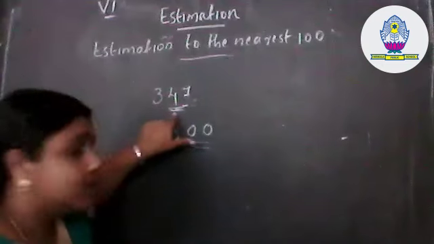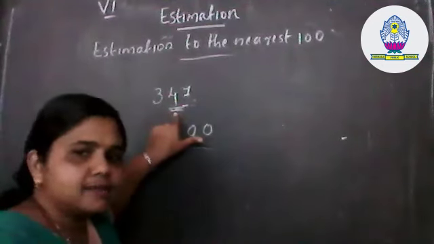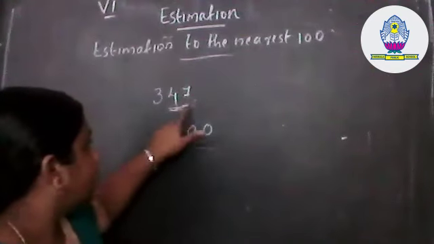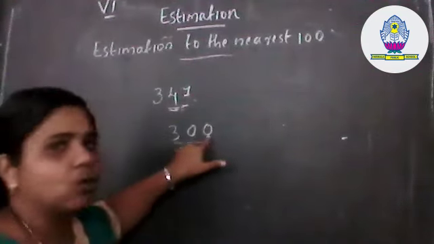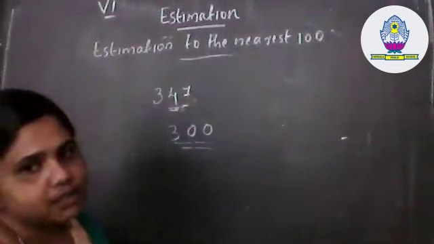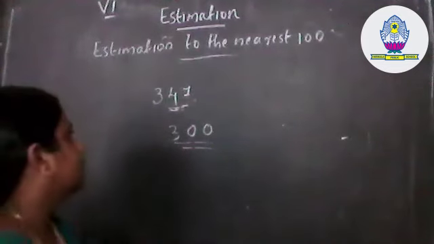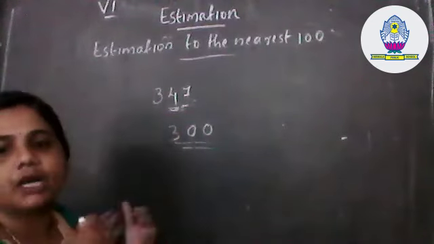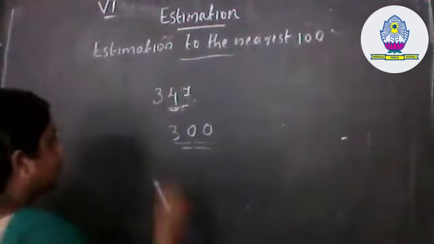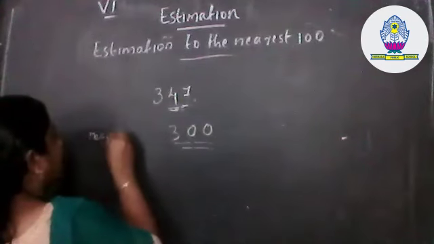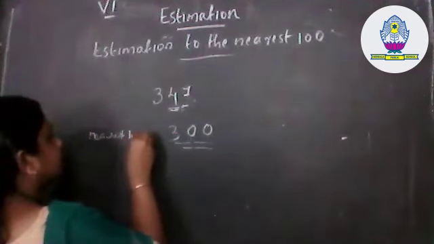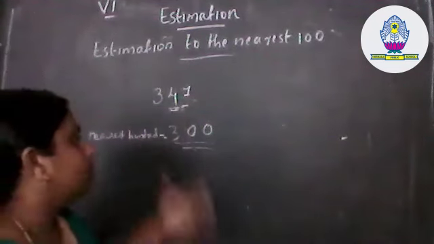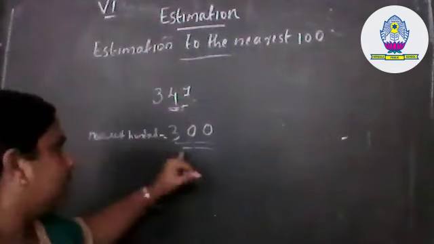If the digit in the tens place is less than 5, replace the last two digits by 0. Then the first number is itself. The remaining numbers are written as they are. So the nearest 100 of 347 is equal to 300.